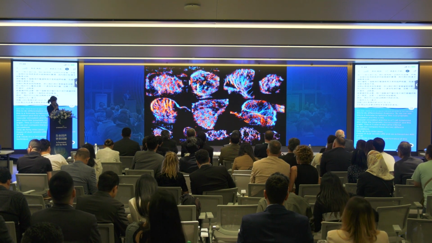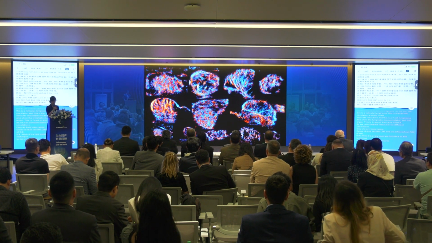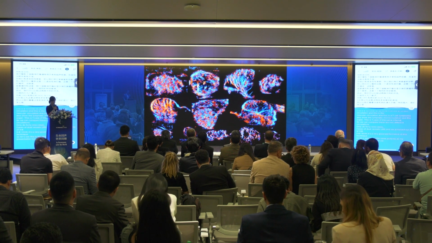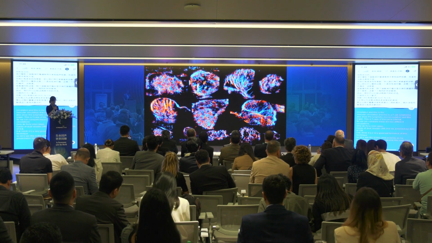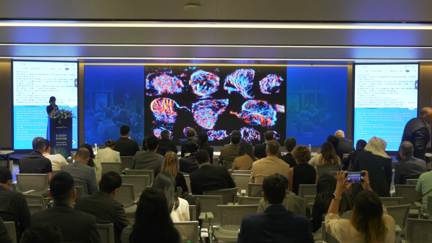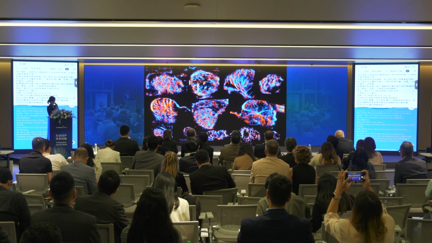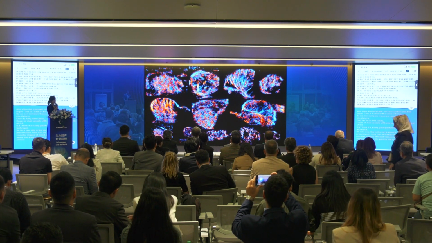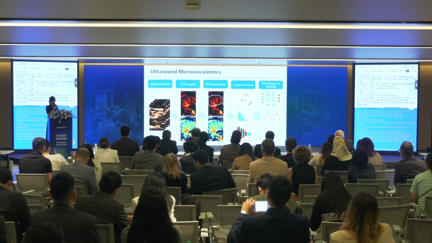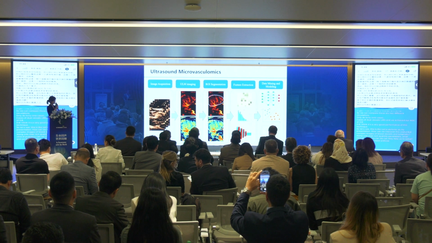So let's see, these are the same pictures as in my presentation. How can we interpret these beautiful but complex images of blood vessels and lymphatics, along with their rich quantitative parameters? What clinical problems can they help us to solve? We think we need artificial intelligence to help us achieve this.